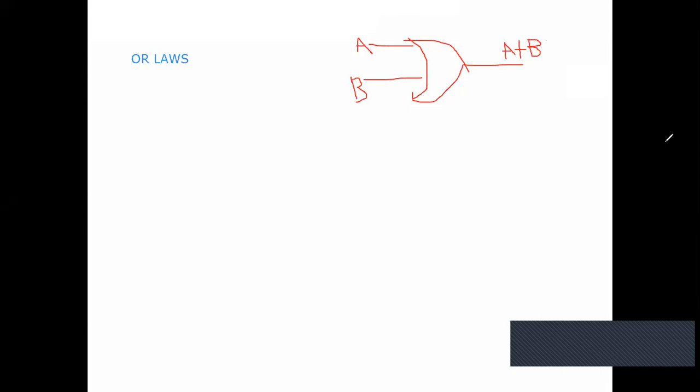What is the symbol for this OR gate? If we are taking two inputs, A and B, the output is A plus B. Okay, so what is the truth table here?